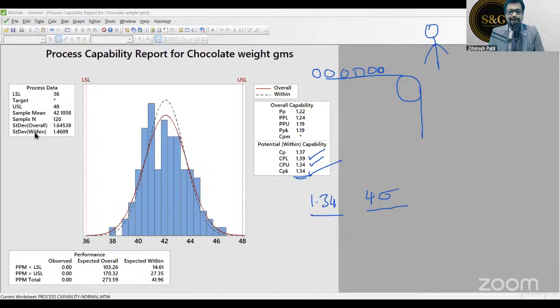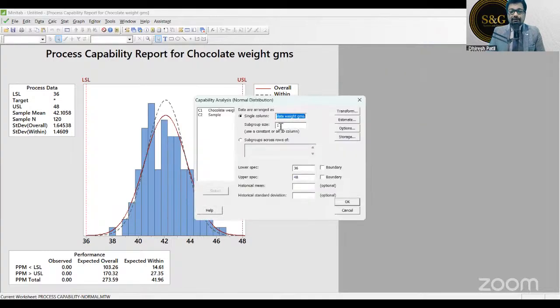The subgroup size we are putting is 1. Can you just remove whatever you have put, put 1 there and click on OK? It will take. Yes, everybody got this?